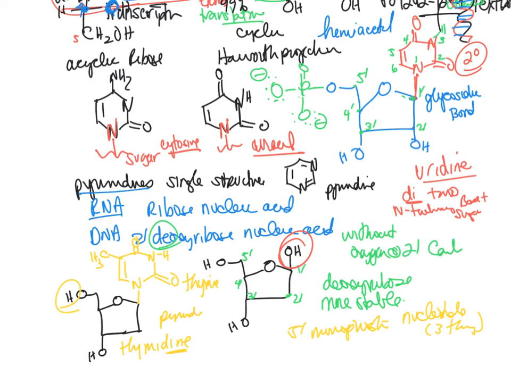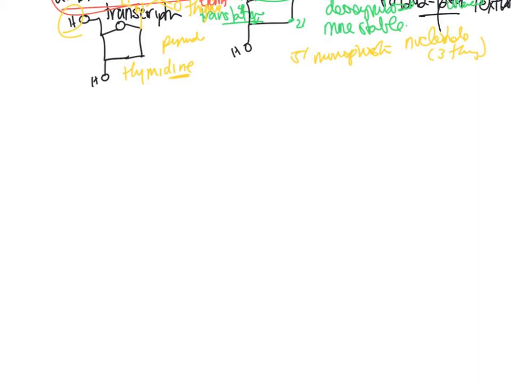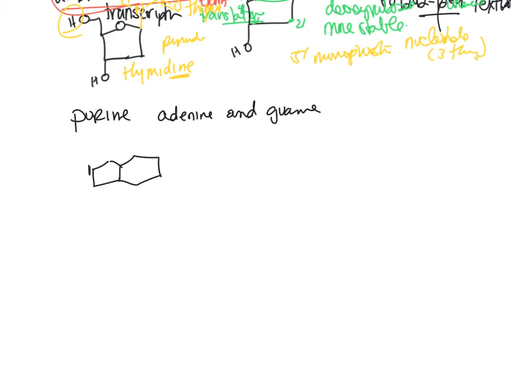What they do have in common are the purines. Okay, so continuing on with the structures, what's in common is the purines, adenine, and guanine. So what does a purine look like? A purine looks like this.